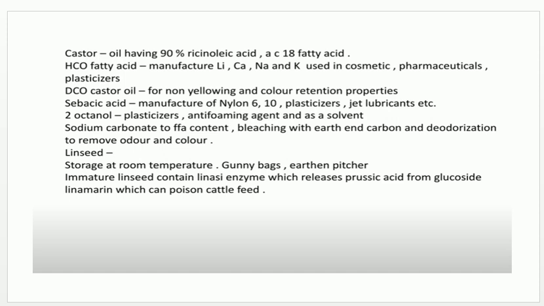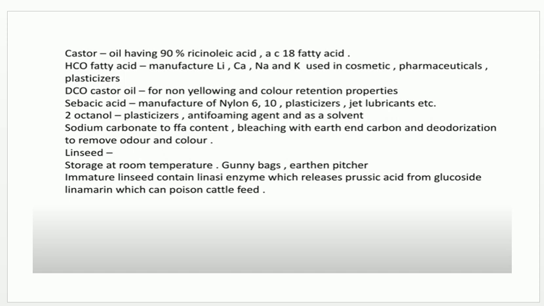Sebacic acid is used in the manufacturing of nylon 610, plasticizers, jet lubricants, etc. 2-octanol is used for plasticizers, anti-foaming agents, and as a solvent. Sodium carbonate is used to remove free fatty acid content, bleaching with earth and carbon, and deodorization to remove odor and color.